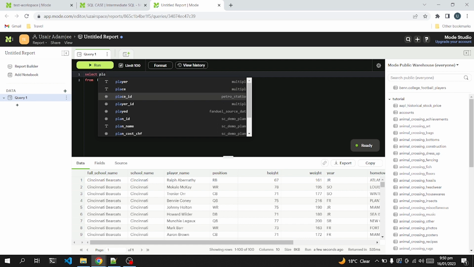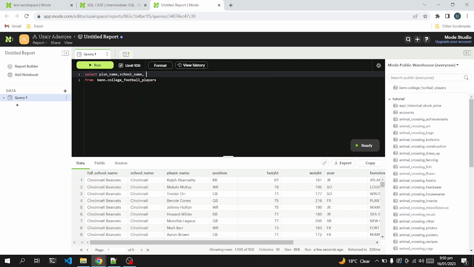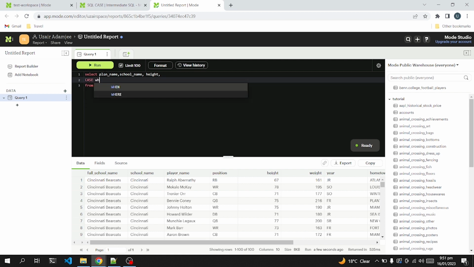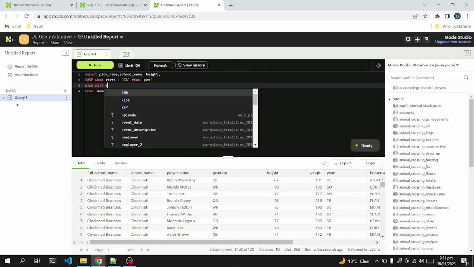player name, full school name, height, H, G, and then our CASE statement will be here. CASE WHEN state equals CA, which means California, then flag it as yes, ELSE NULL.